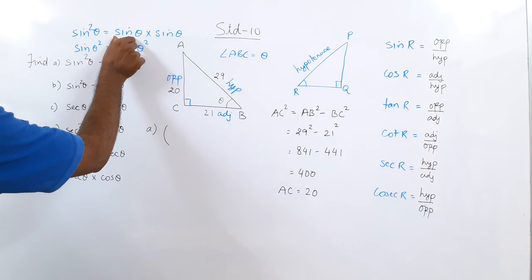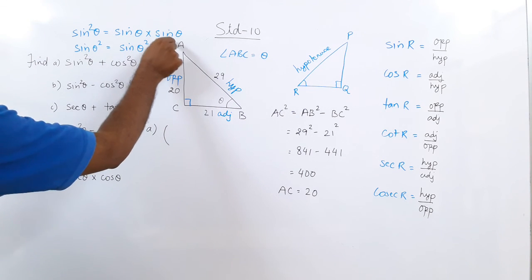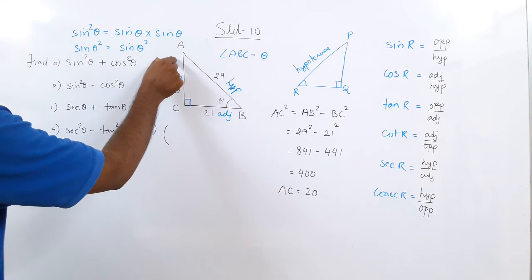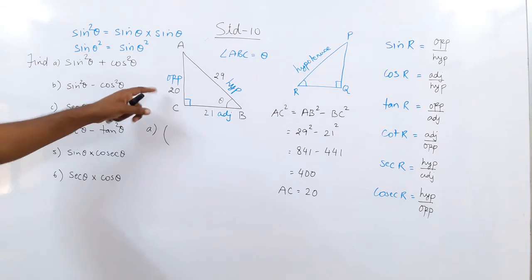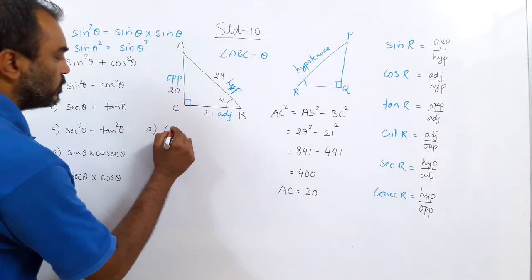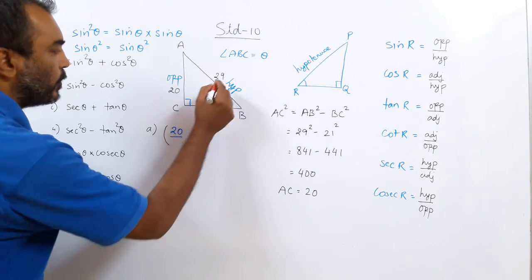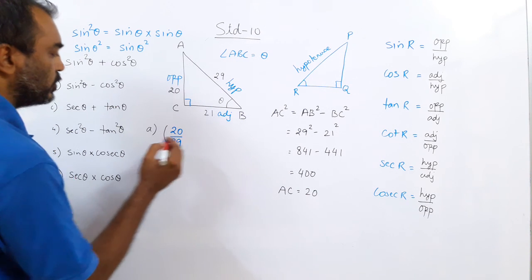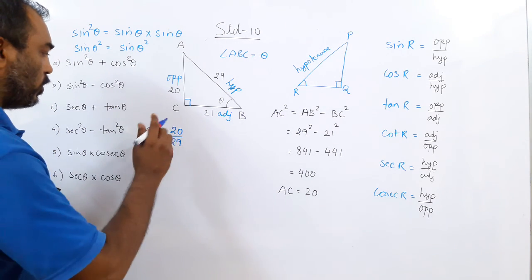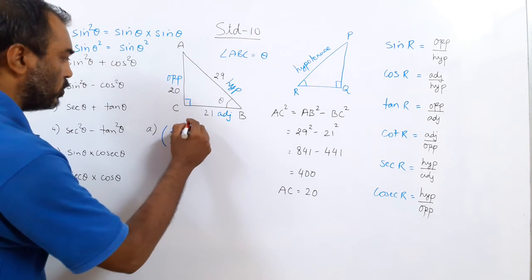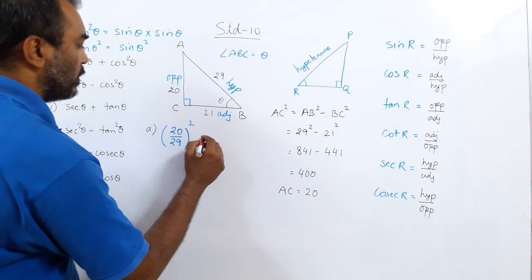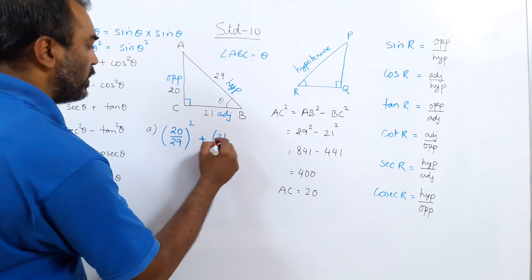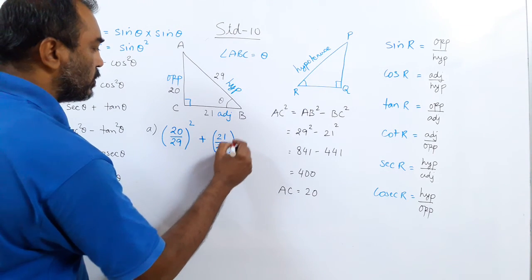So what is sin theta? Opposite upon hypotenuse, the whole square. The opposite side is 20 and the hypotenuse is 29. So we have 20 upon 29 the whole square, plus cos square theta, so 21 upon 29 the whole square.